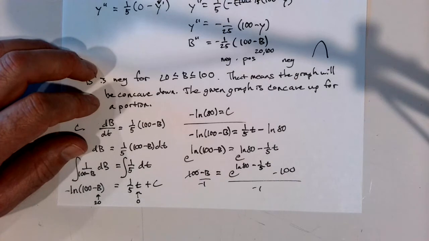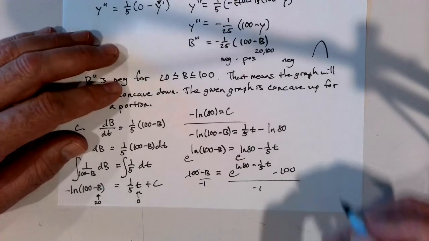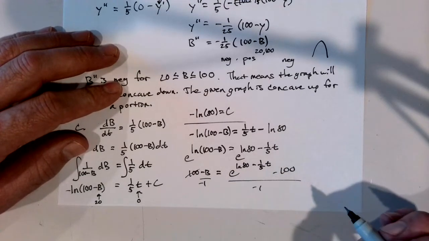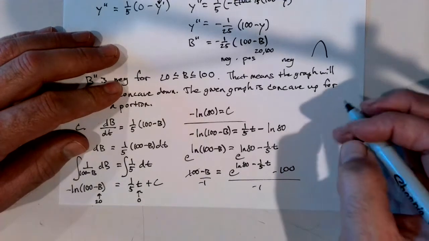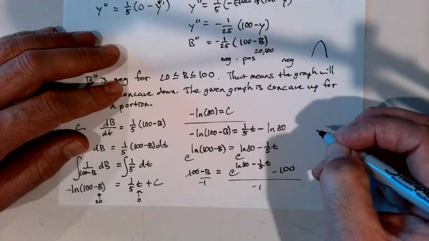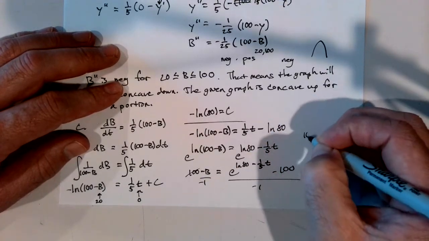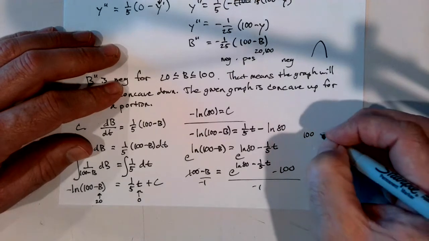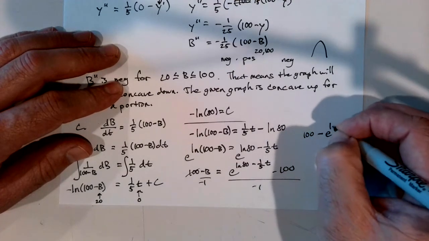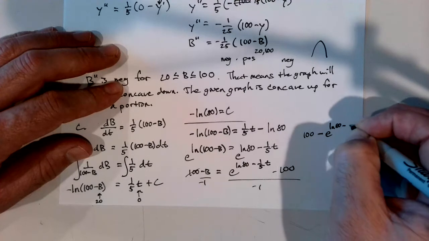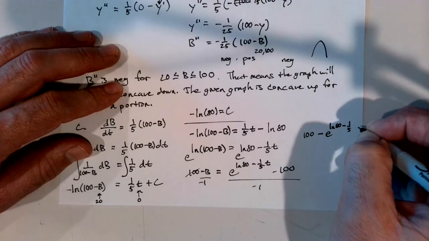And so there's a couple ways to write this. And if you wrote it like this, it would be correct. But I'll show you the way that they actually write the answer in case you're interested. First of all, you'd have 100, because it would be positive, minus e to the natural log of 80 minus 1/5 t. Okay?